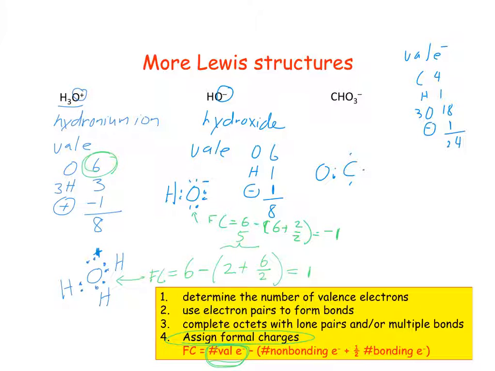So we have 1, 2, 3, 4, 5, 6. Another oxygen over here, 1, 2, 3, 4, 5, 6.